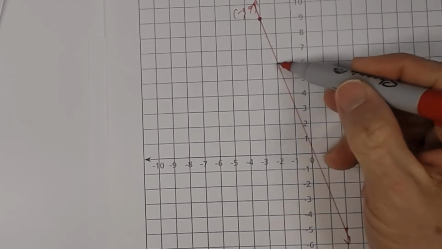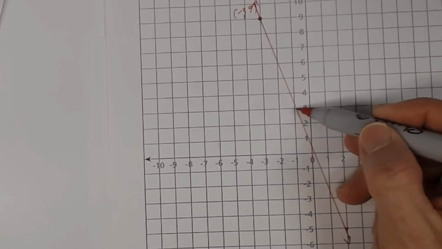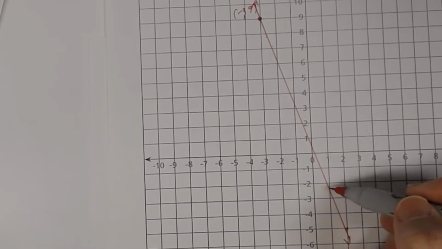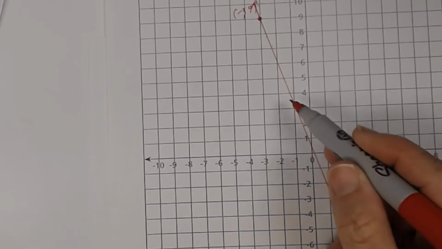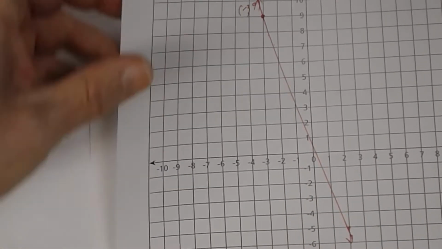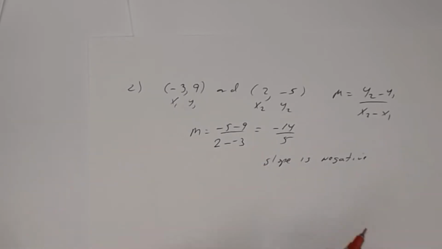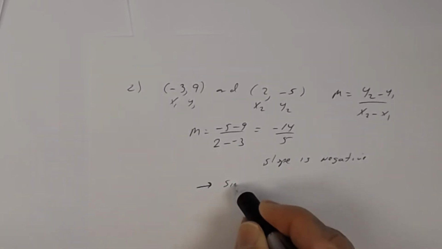They're getting smaller and smaller, aren't they? This y value looks like it's 6. This y value looks like it's somewhere around 3. This y value looks like, let's use this one, somewhere around -3. They're decreasing. So what I want you to remember about a line that has negative slope is this.